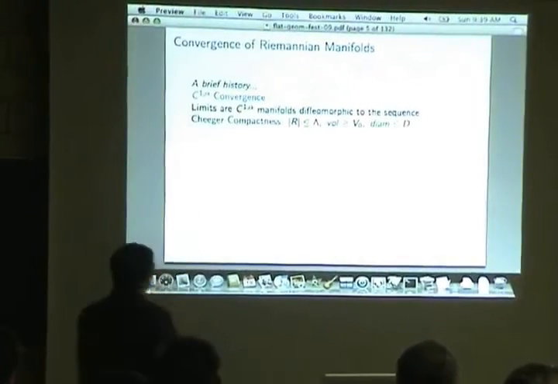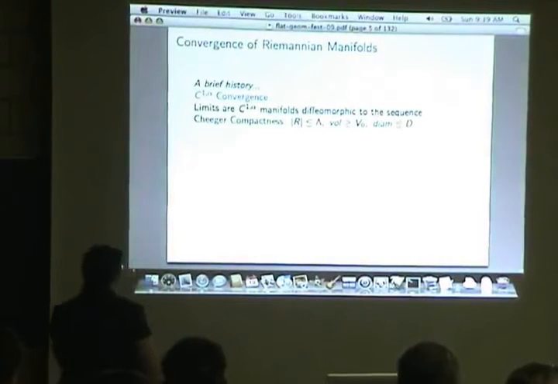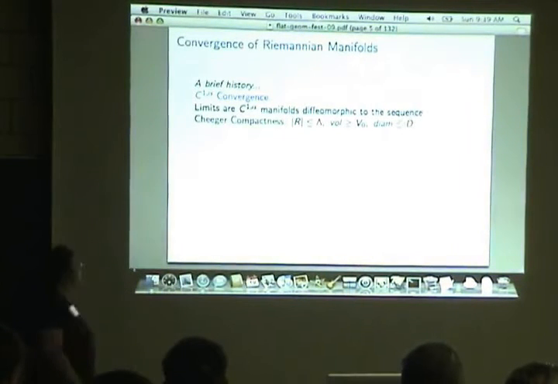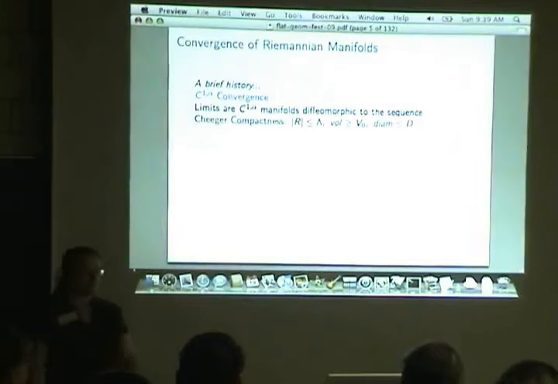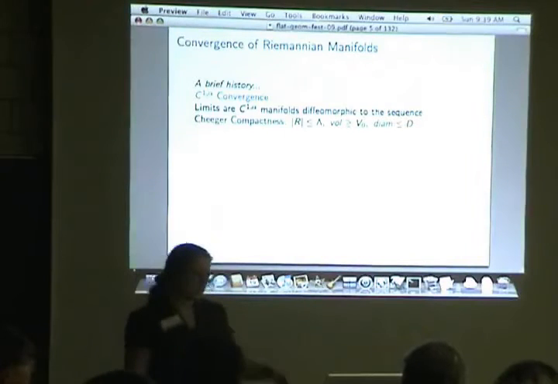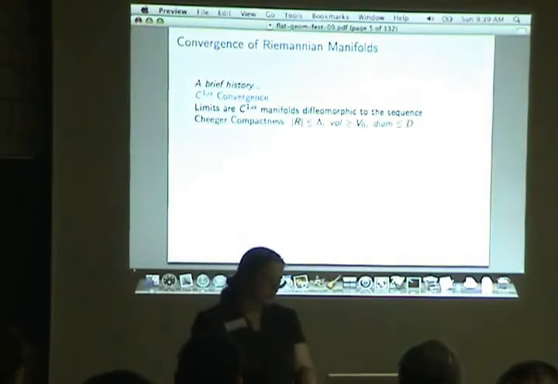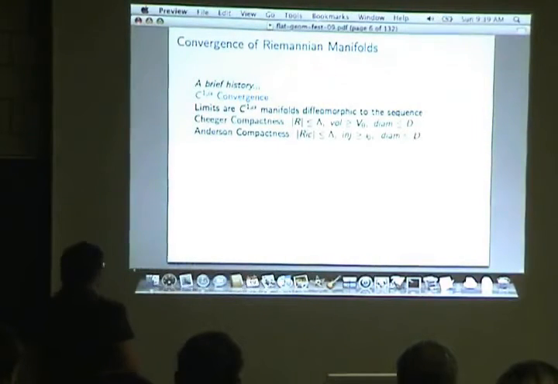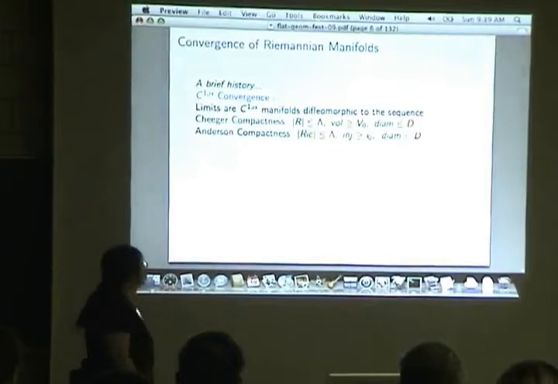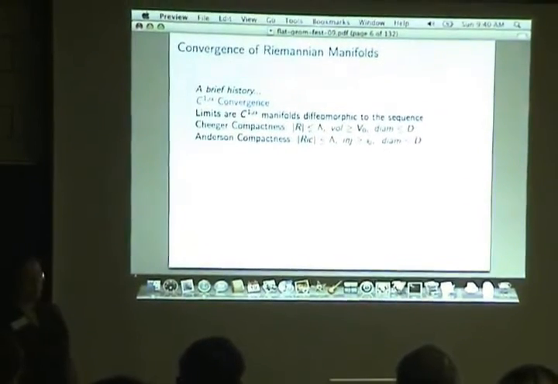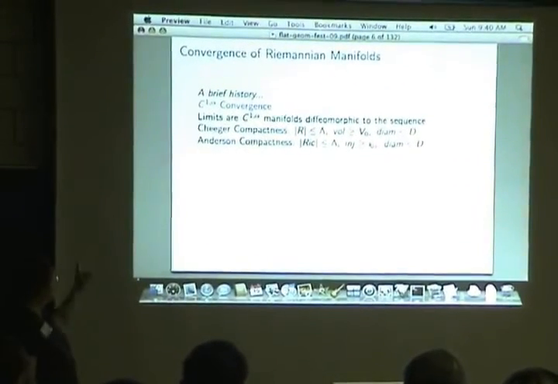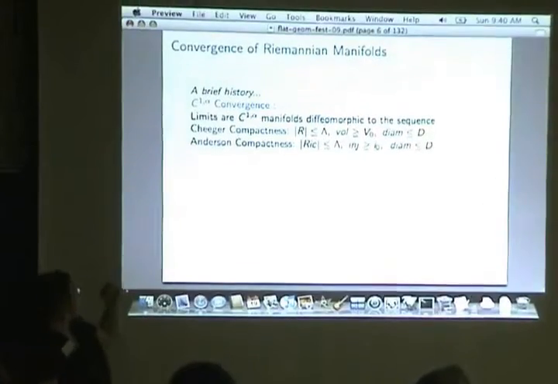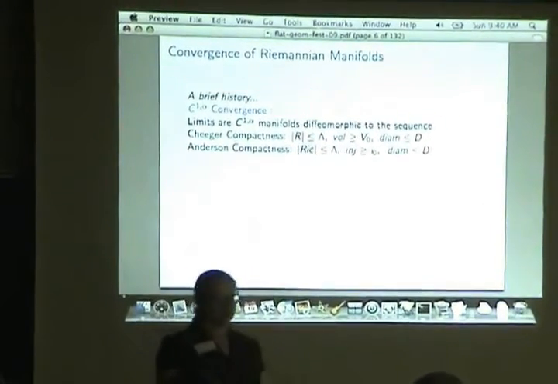There's a compactness theorem there with Cheeger, which assumes sectional curvature bounded on two sides, the volume bounded below, and the diameter bounded above. So sequences that have these bounds have subsequences that converge. Anderson has a compactness theorem where you assume only the Ricci curvature is bounded on two sides, and in place of the volume bound is an injectivity radius bound. Cheeger's compactness implied the injectivity bound as a consequence of this condition.